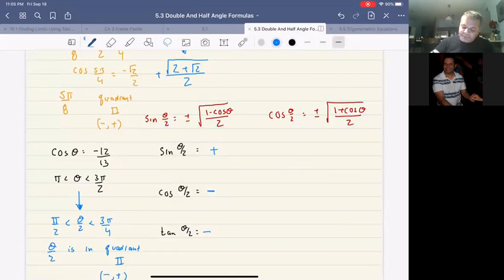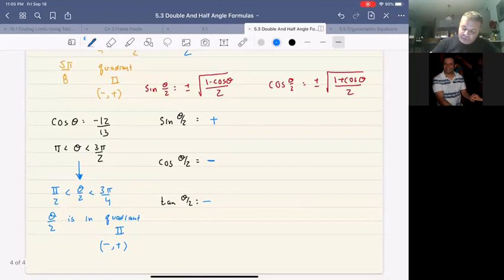So now, that means we are going to take plus the square root of 1/2 minus cosine of theta, which is -12/13. So that's going to change this to a plus. Let me make that a better color.